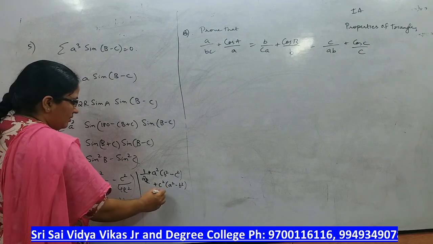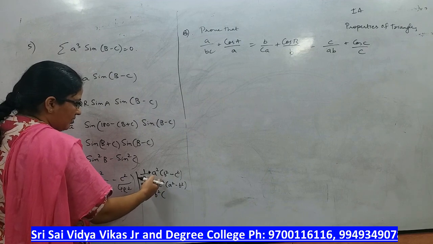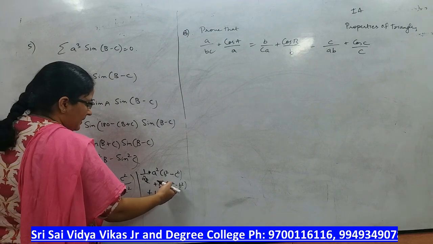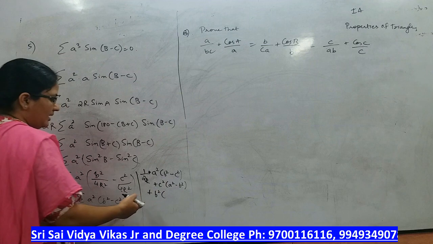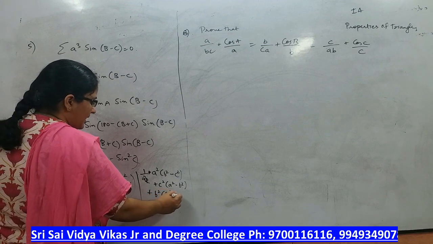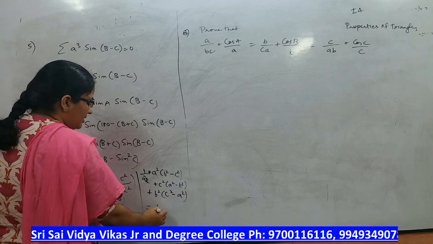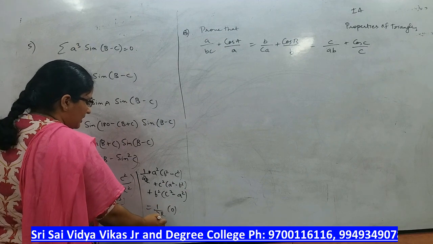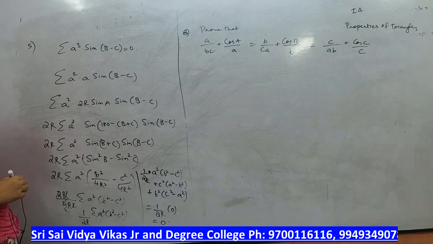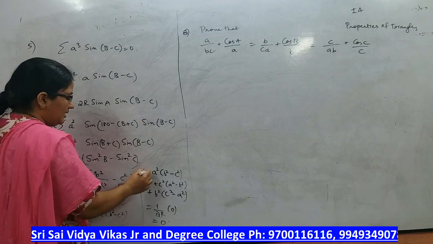If you add all this, you will get 0. 1 by 2R into 0 is equal to 0. Therefore summation a cube into sin(B − C) is equal to 0.